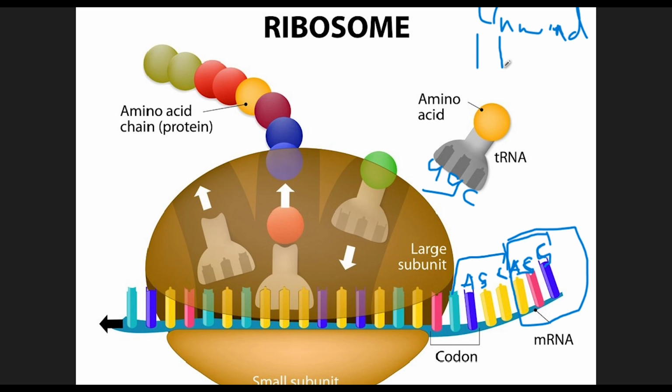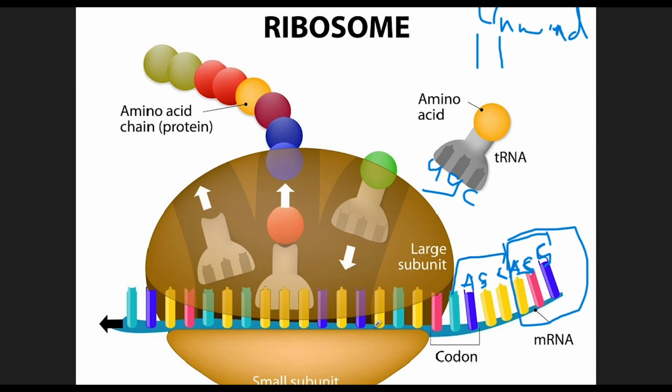Once the messenger RNA is formed, with the code, it is going to leave the nucleus through the nuclear membrane and go to the cytoplasm, where it will attach itself to the ribosome with that code.